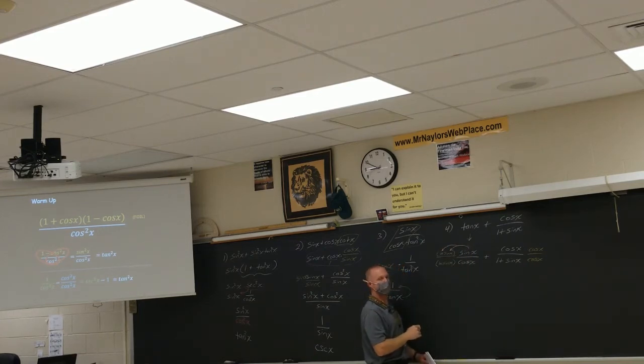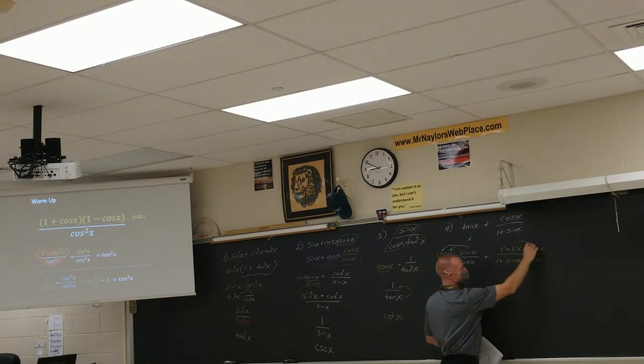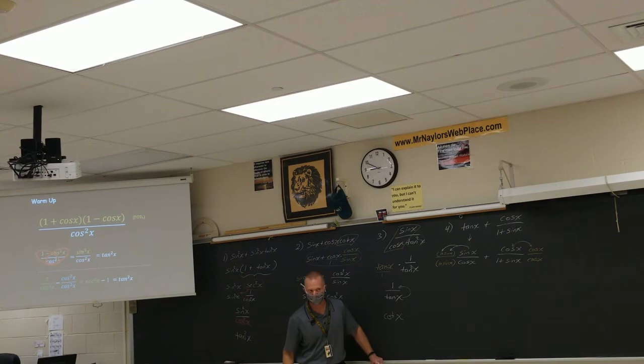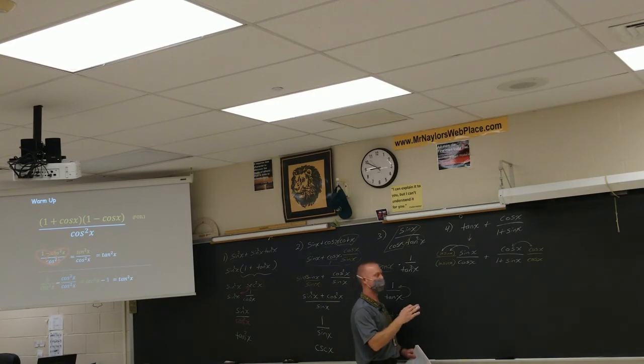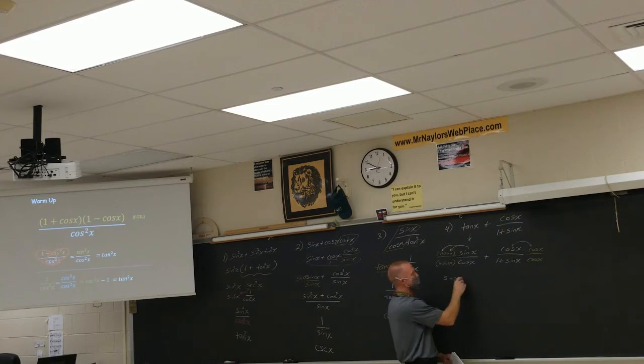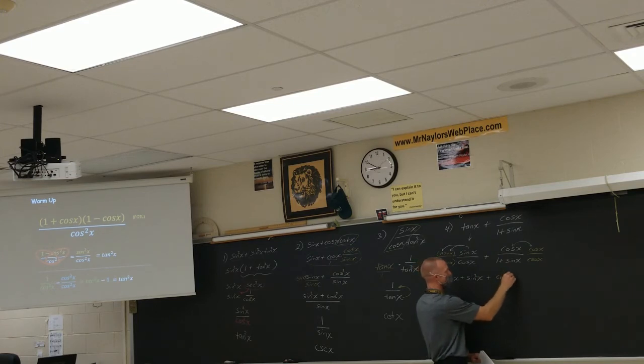When you start to multiply, you get squares. This would make a math student happy, because as soon as I multiply or distribute and end up with these squares, okay, now first of all, sine times 1 is just sine. But sine times sine is sine squared, and cosine times cosine is cosine squared.